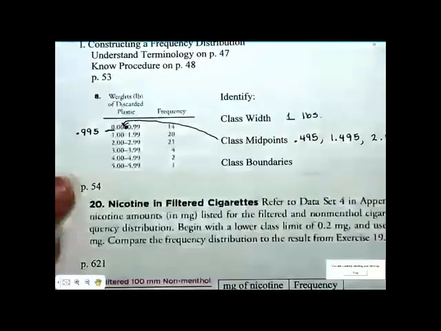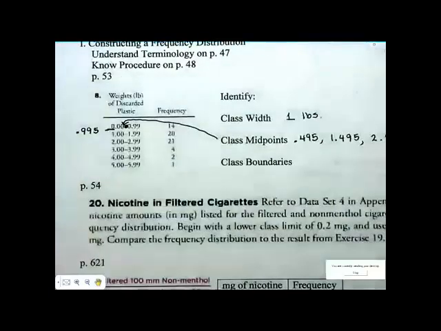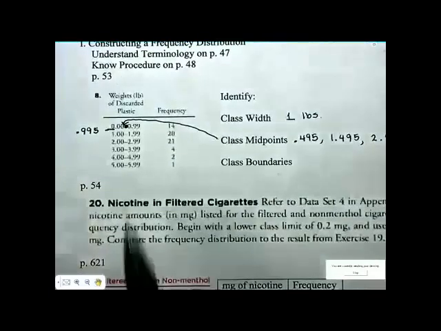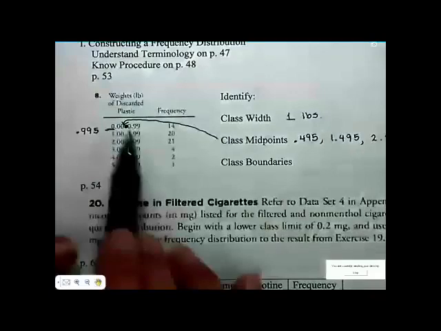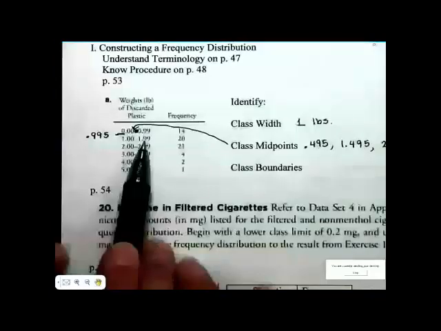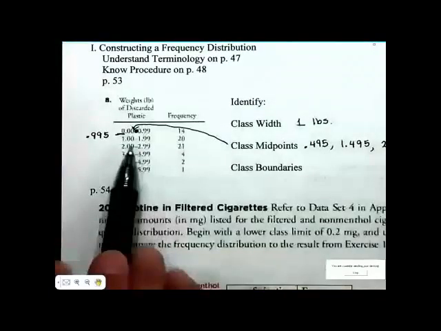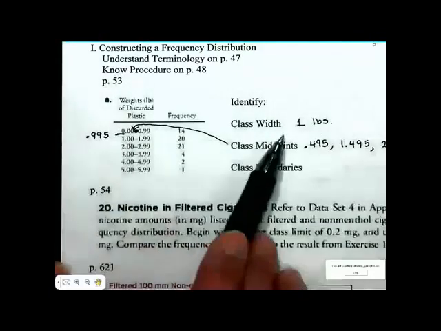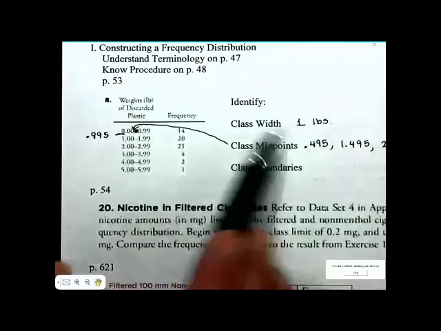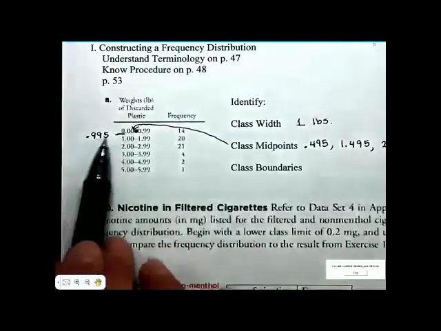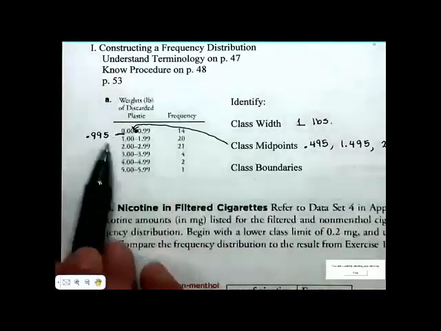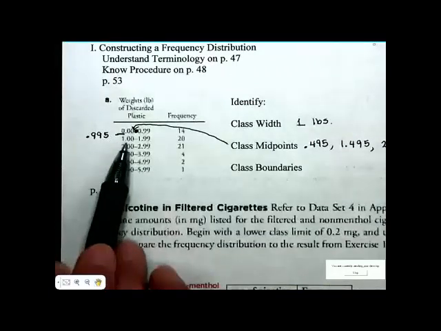And you could continue adding the upper limit of one class and the lower limit of the next class and dividing by 2. But you don't have to. Again, if you know the class width is 1 and this class boundary is 0.995, what's this fence post going to be?